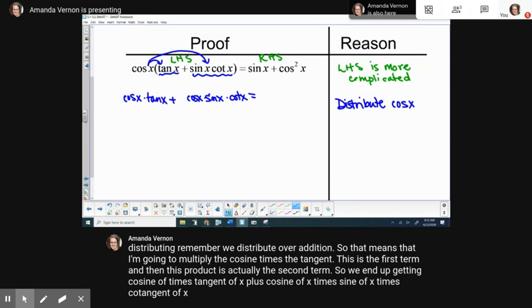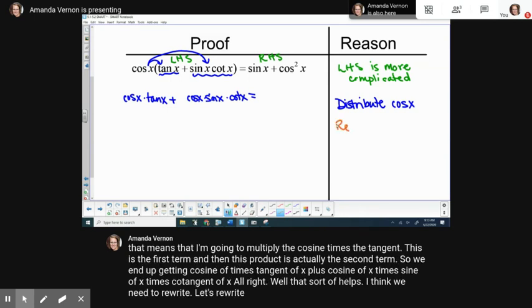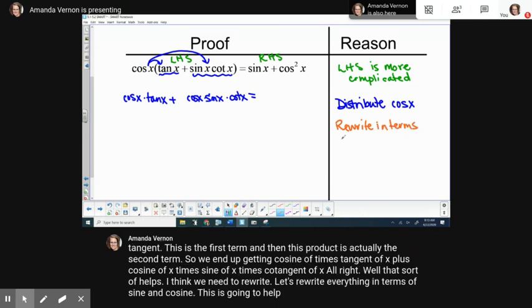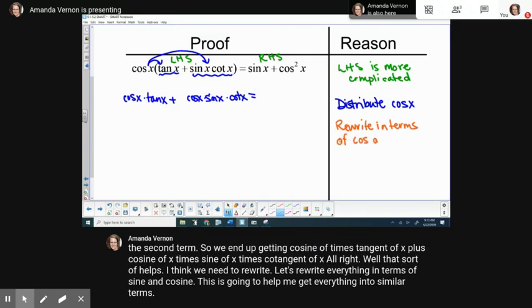All right, well, that sort of helped. I think we need to rewrite. Let's rewrite everything in terms of sine and cosine. This is going to help me get everything into similar terms. And that's going to help me see better if what I can and can't combine.